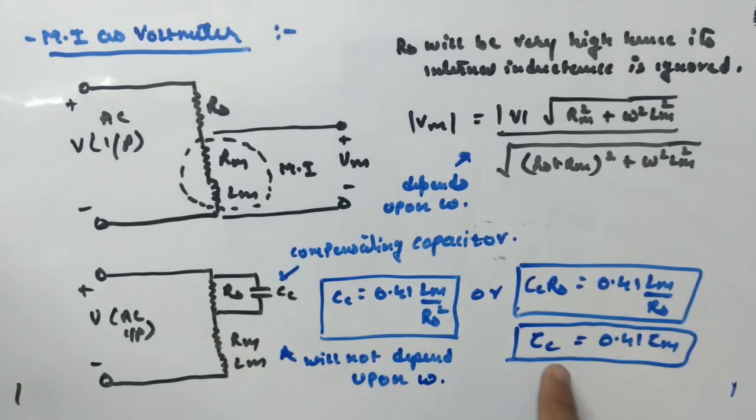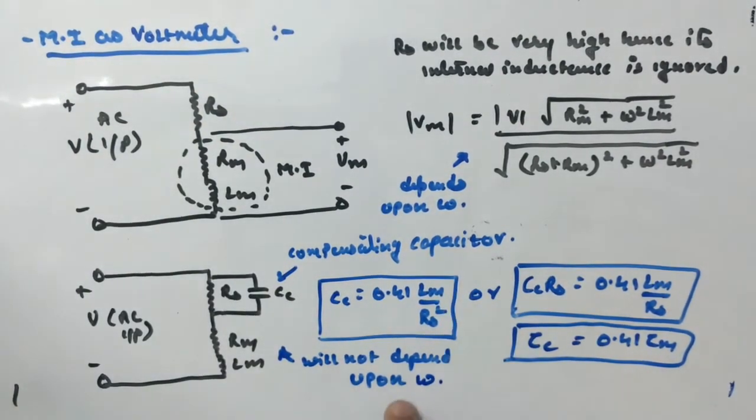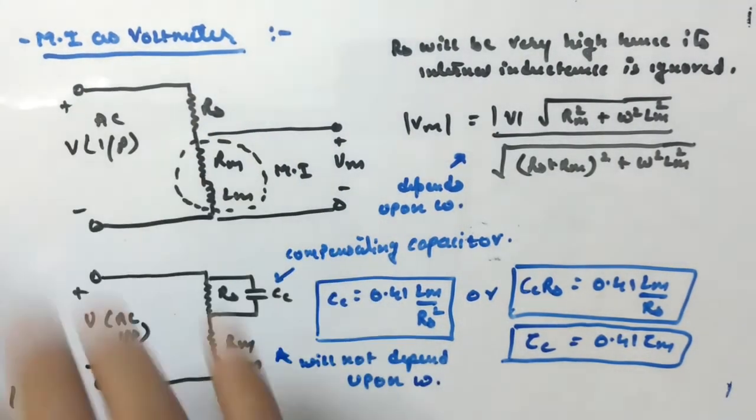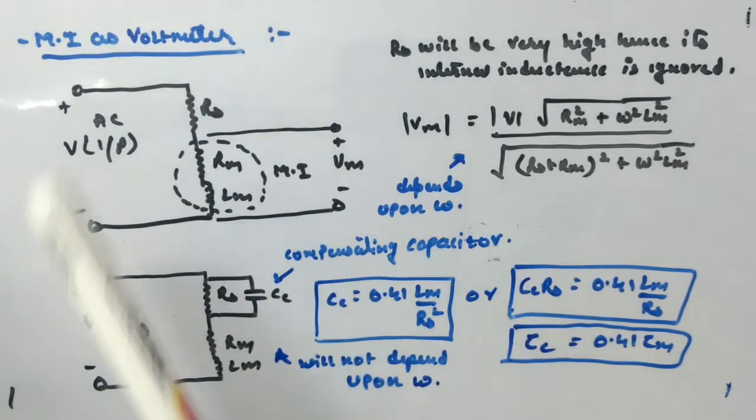If the time constants are related in this fashion, then your voltmeter will not be dependent upon frequency. I hope you got the feel of how to make it frequency independent and how to use the moving iron as voltmeter. Okay, so yeah, this is it.